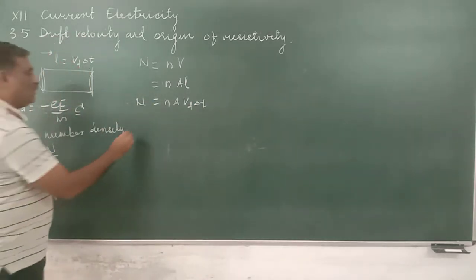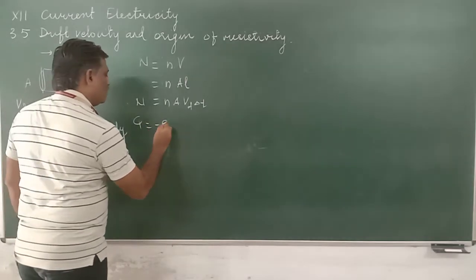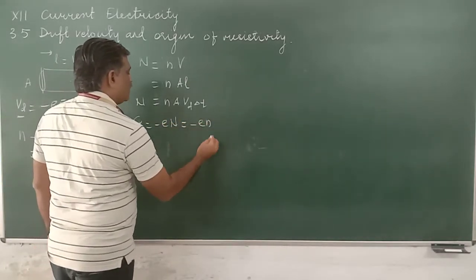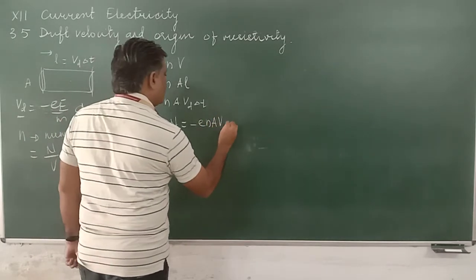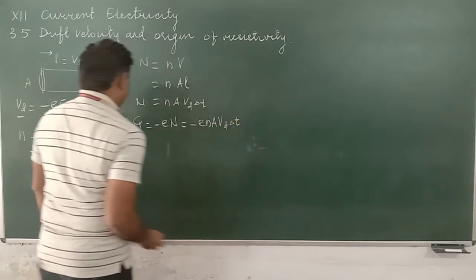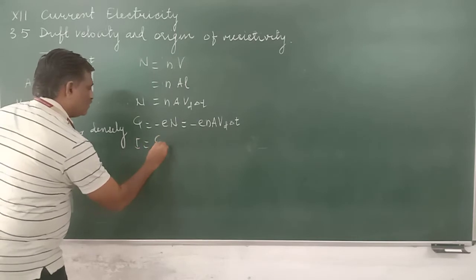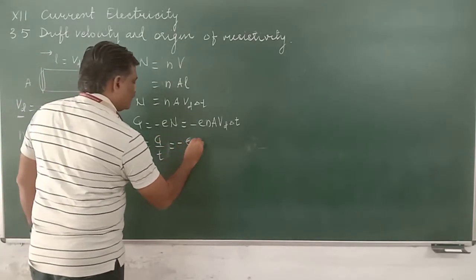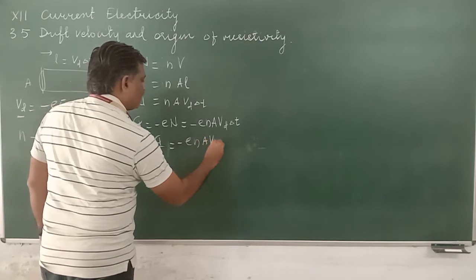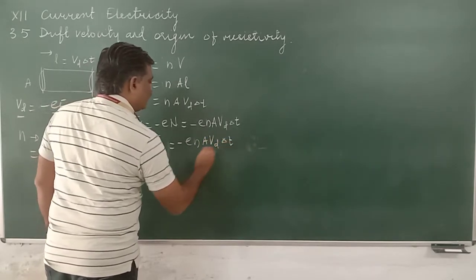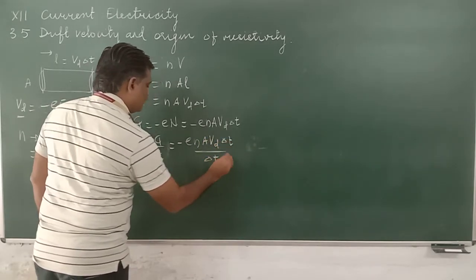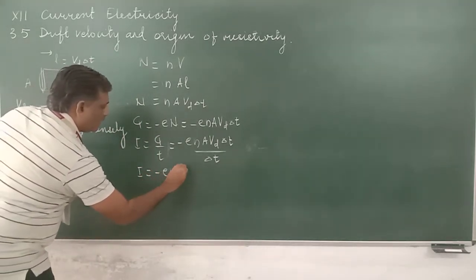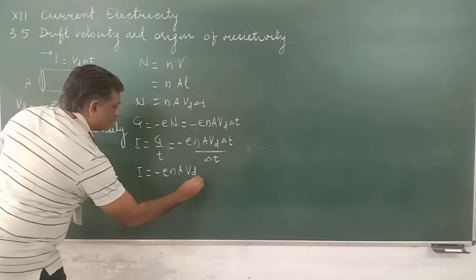Total charge on these electrons, Q, is equal to minus N e, which is minus n e A Vd delta t. Current is equal to charge by time, which is minus n e A Vd delta t divided by the time delta t. Therefore, current is equal to n e A Vd, with the sign.